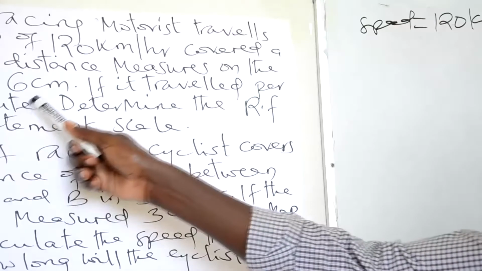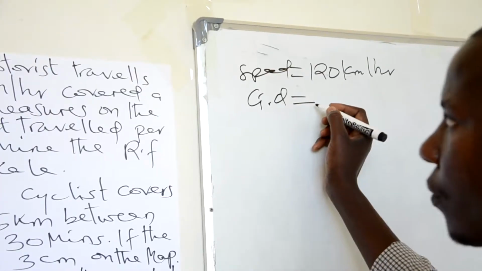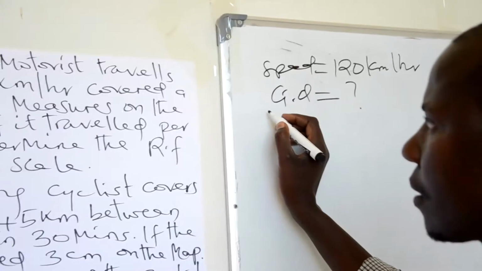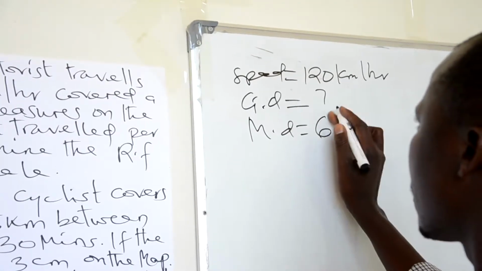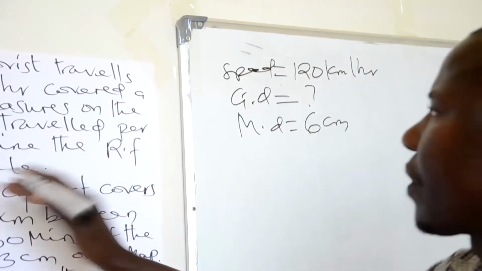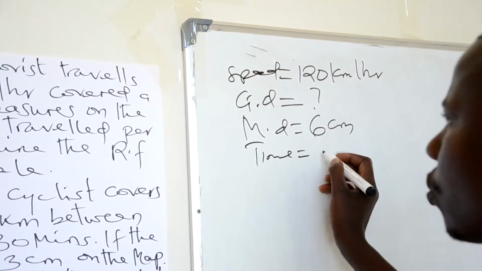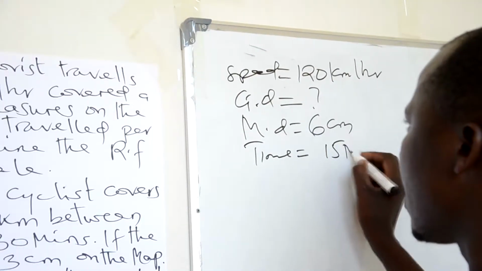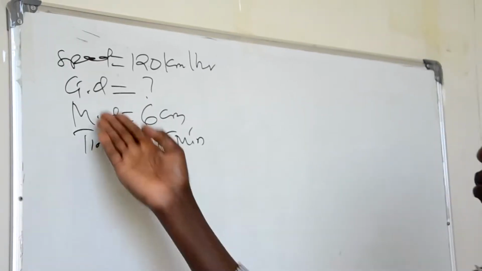Therefore, ground distance we don't have, but the map distance is equal to 6 centimeters. If it travels per 15 minutes, time is equal to 15 minutes. Therefore, our purpose is to obtain the ground distance.